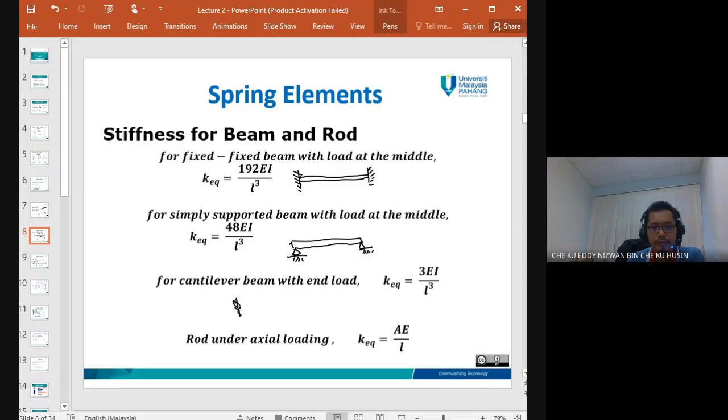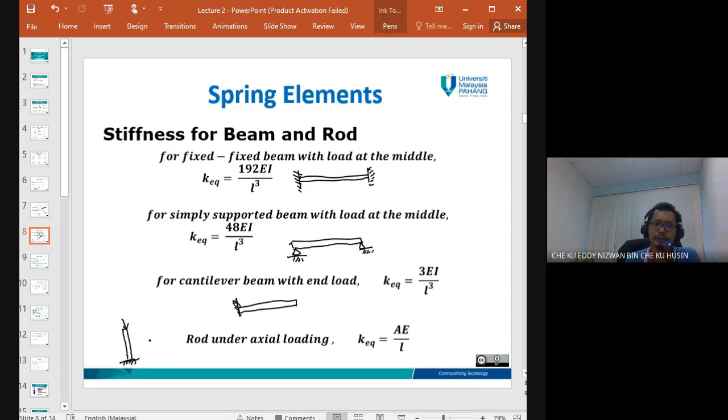Okay, so fixed for one of the beam ends. And then this one is actually the same cantilever, but the direction of the load is different. If the load is applied in the axial direction, you must use this equation.